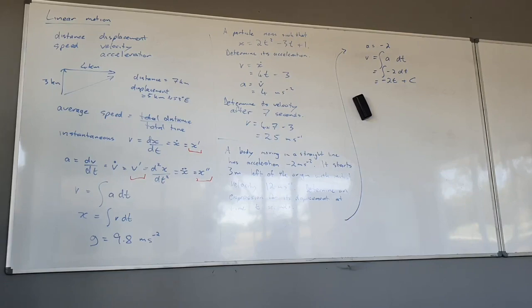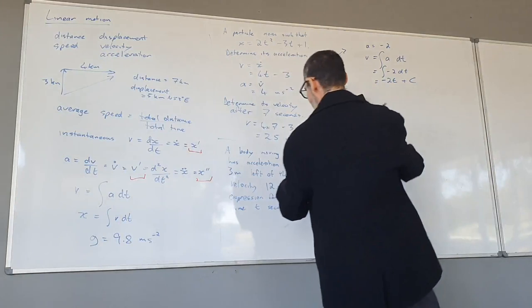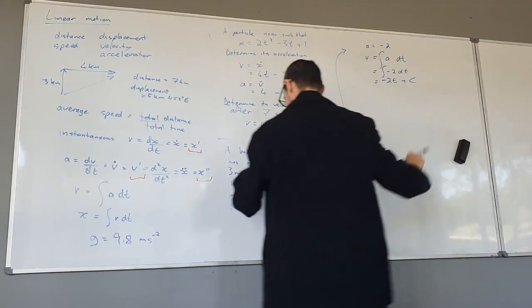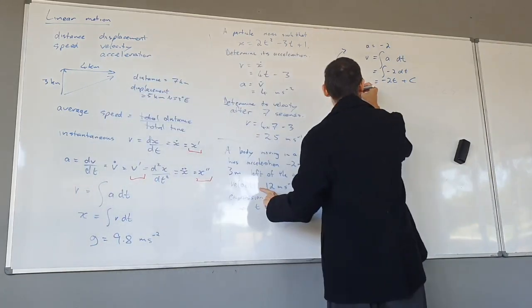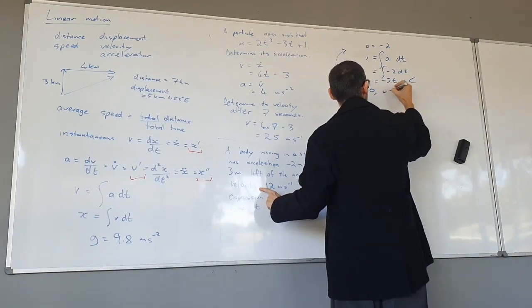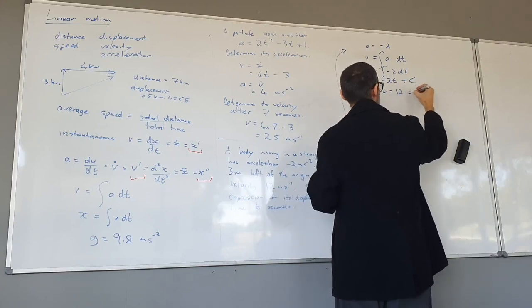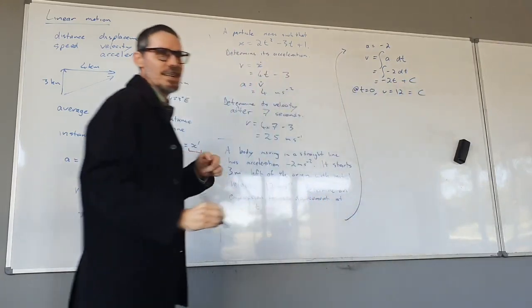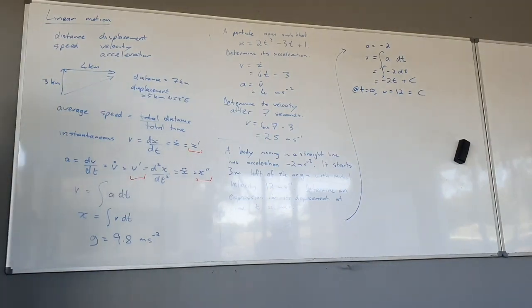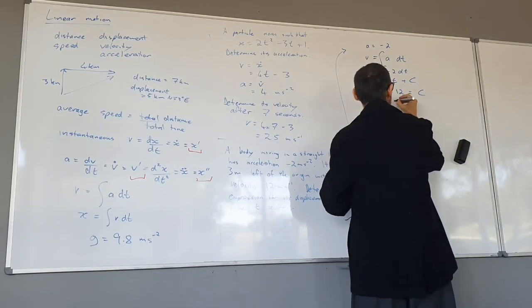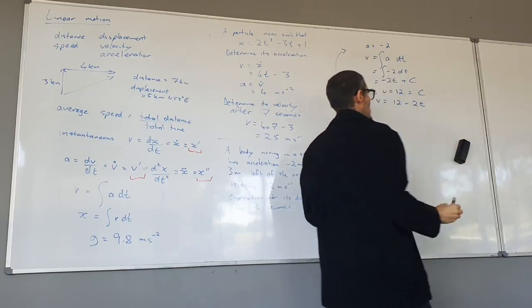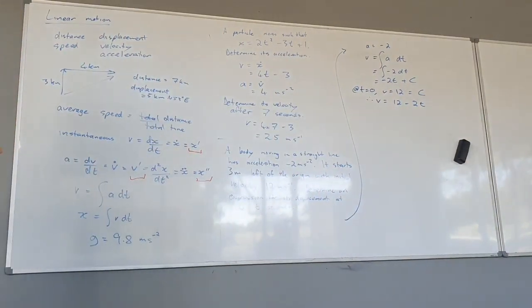Okay with that so far? All right, I need to work out this constant. I've got its initial velocity. So, at t equals 0, v equals 12, which has to be c. Therefore, v is 12 minus 2t. You can write negative 2t plus 12 if you want to, it doesn't really matter.